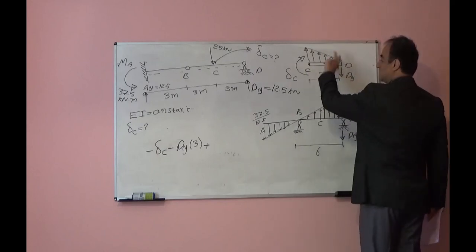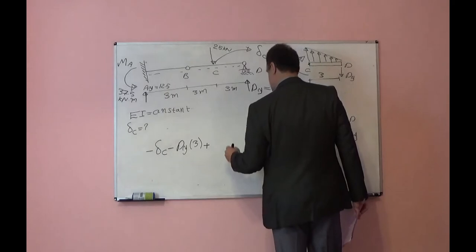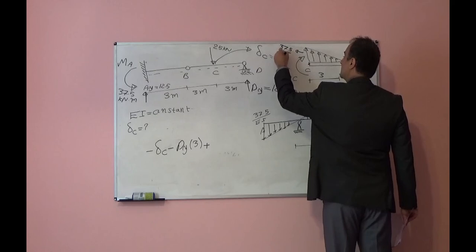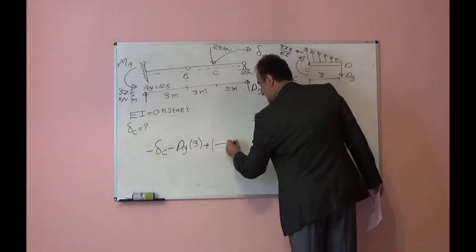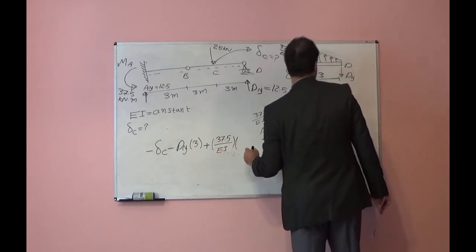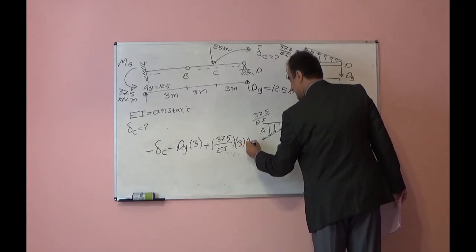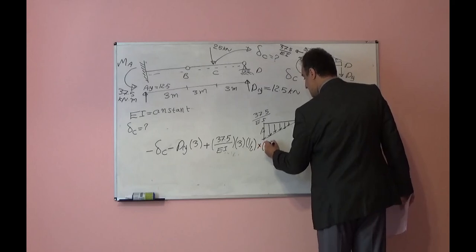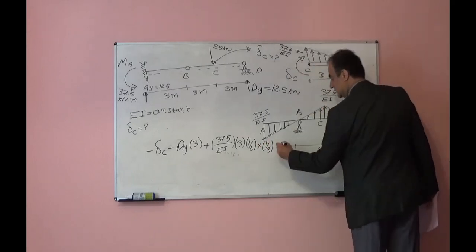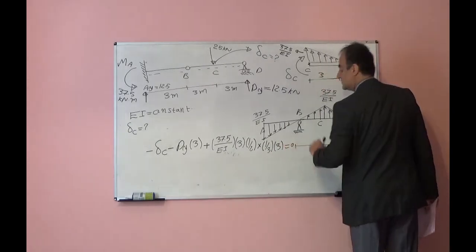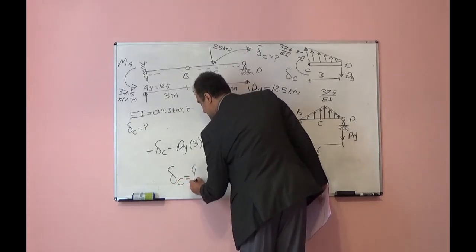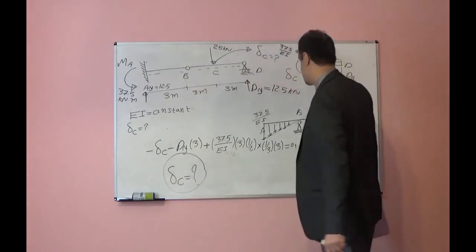It will rotate CD counterclockwise, so positive. The height here is 37.5 divided by EI. So the area, 37.5 over EI times 3 times half, this will be the area, times 1/3 of 3, is equal to 0. From here you can find delta C, the deflection at point C.